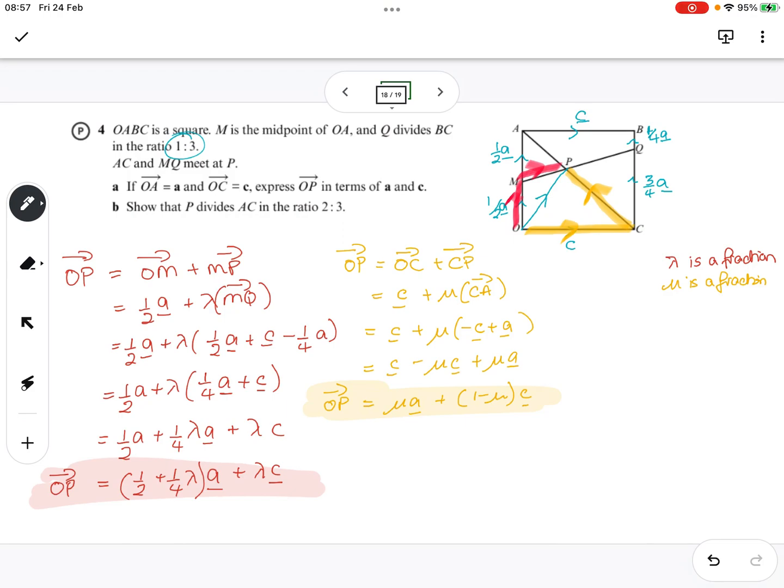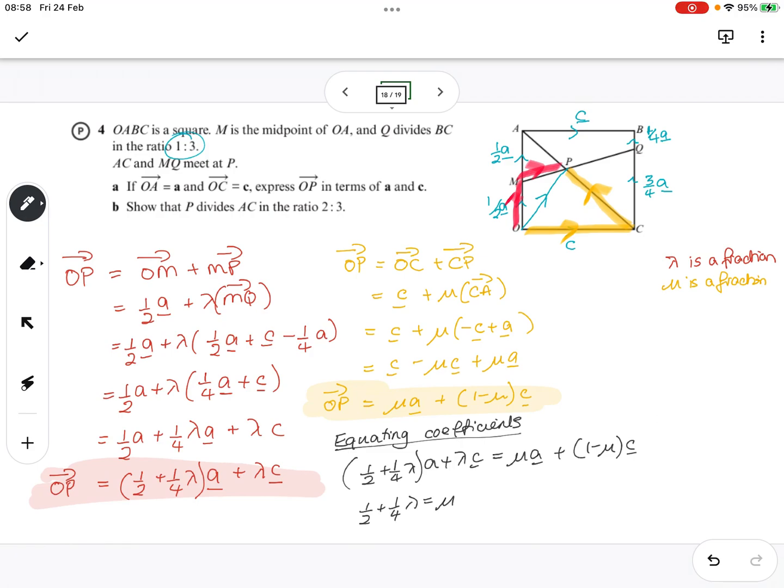So equating coefficients: a half plus 1/4 lambda A plus lambda C must equal mu A plus 1 minus mu C. That means a half plus 1/4 lambda equals mu, and lambda equals 1 minus mu.